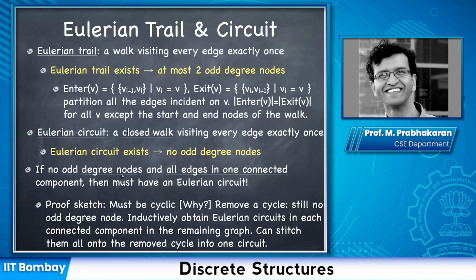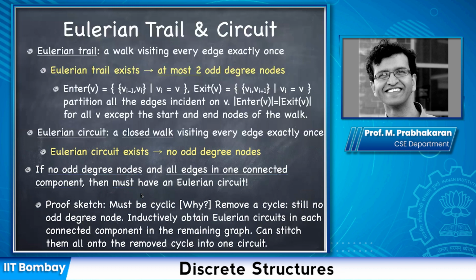Right, if there are no odd degree nodes and there is at least one edge, so it's not an empty graph, then it must be cyclic. And why is this? You should think of picking an arbitrary node in this connected component and starting to walk around without repeating edges.